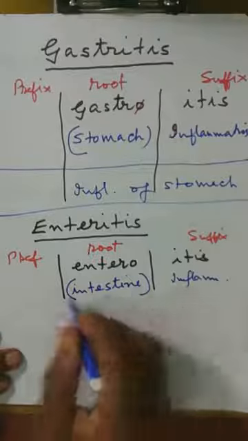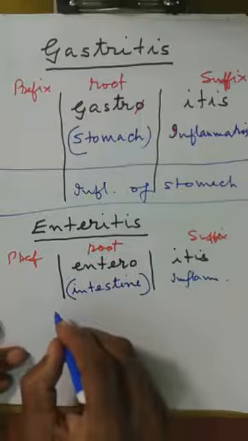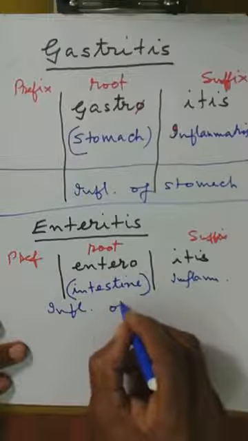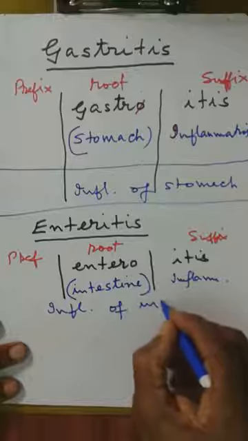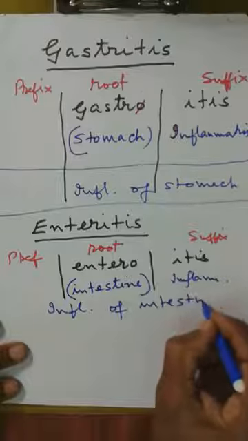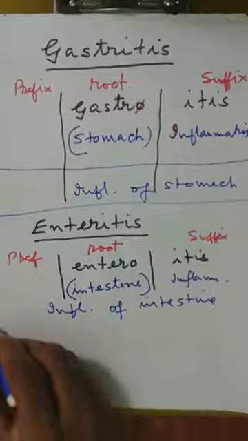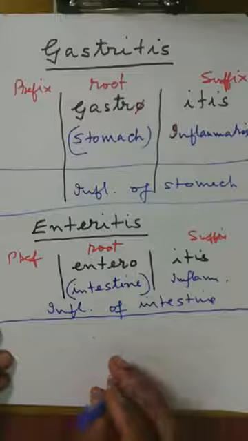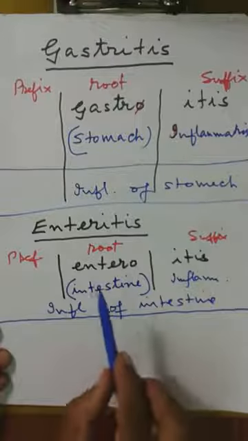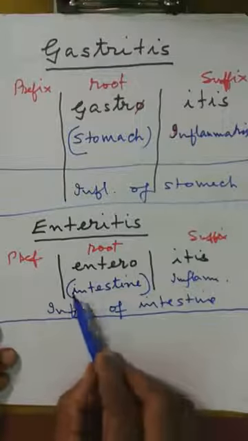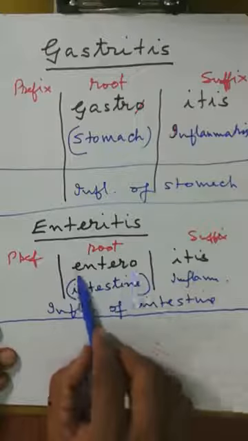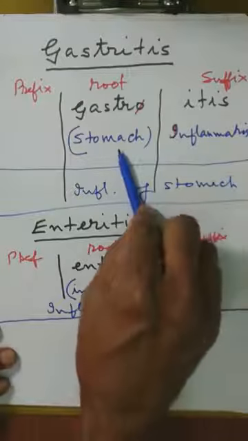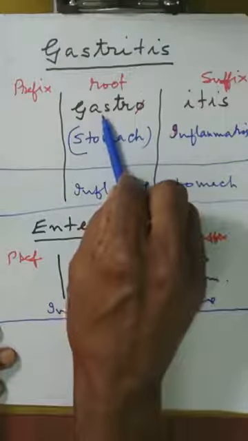So, the word meaning is inflammation of intestine. That's all. Very simple. But you should know the word for intestine is entero. This you must know. For the stomach, medically it is called gastro.